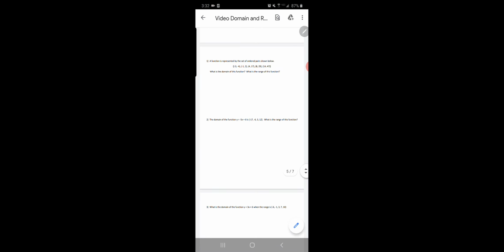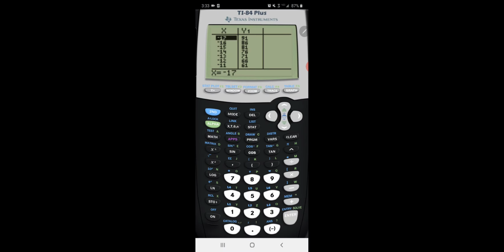Another one: negative 6 goes with 36, 3 goes with negative 9, and 12 goes with negative 54. Just wanted to show you with the calculator in case you have a graphing calculator with you.